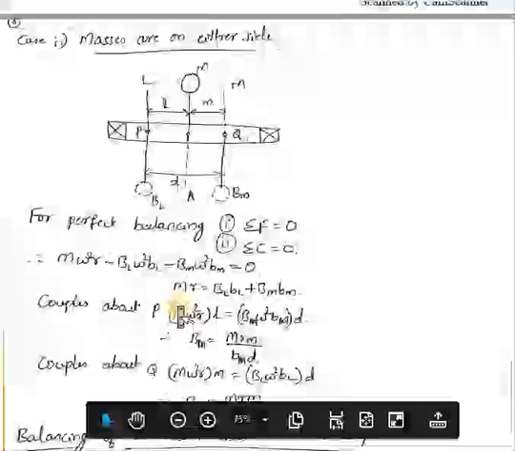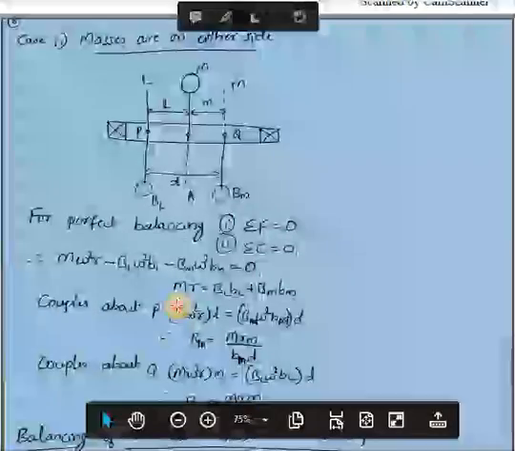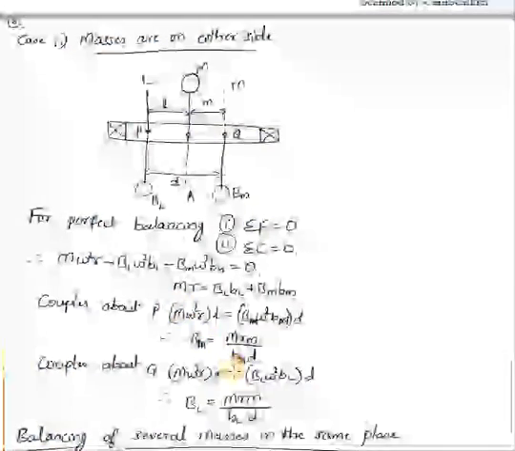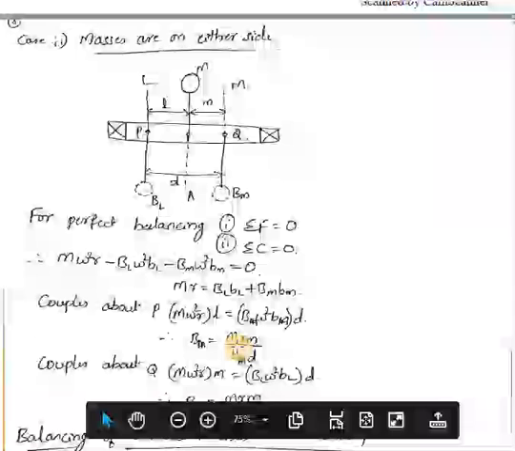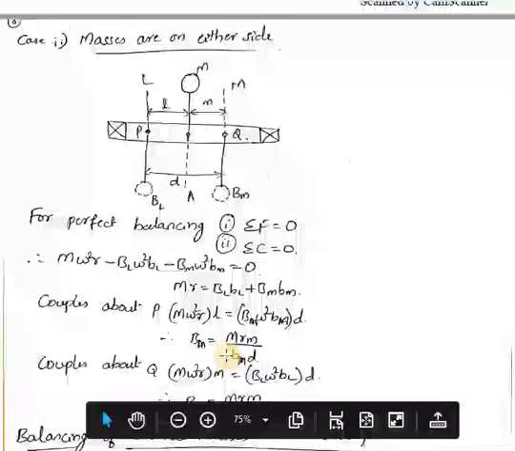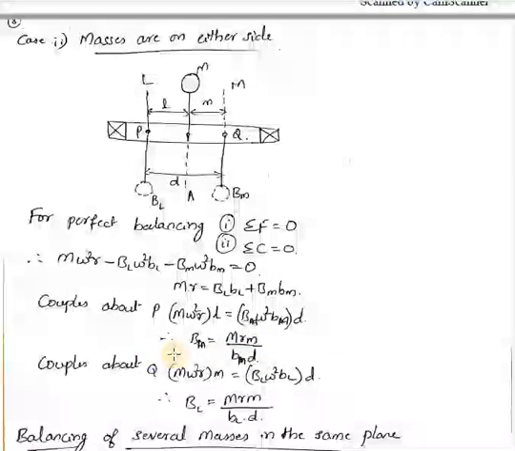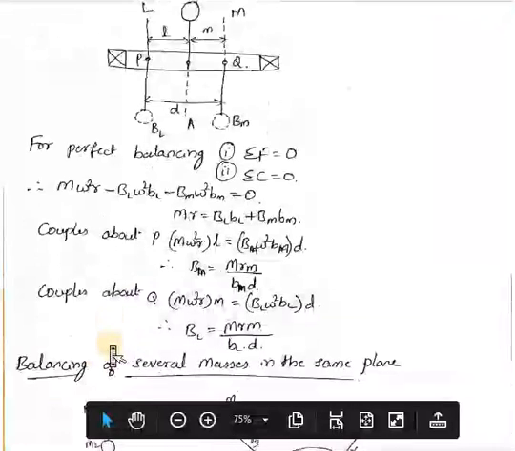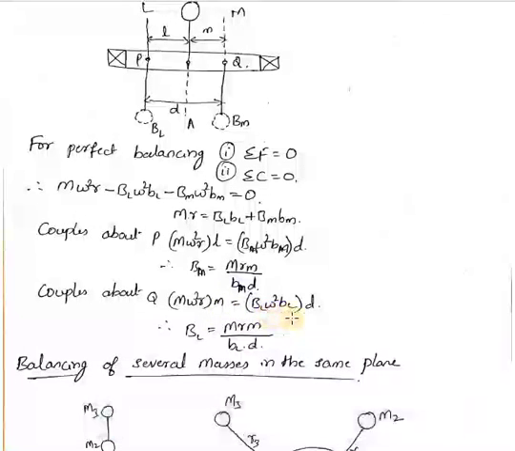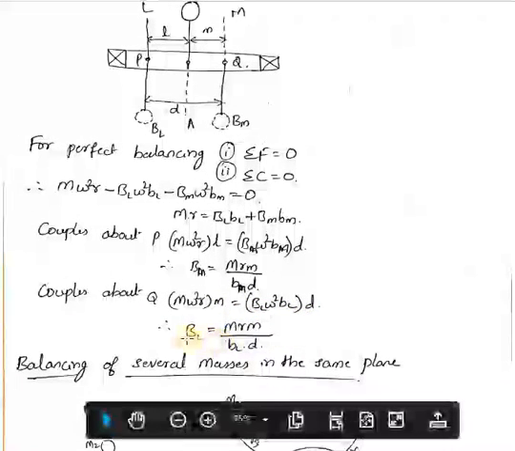So when you simplify that, BM is given by M r l divided by bM d. When you take the couple about Q, it is M omega square r into m, which is equal to BL omega square bL into d. From that you will get the value of BL as M r m divided by bL d.